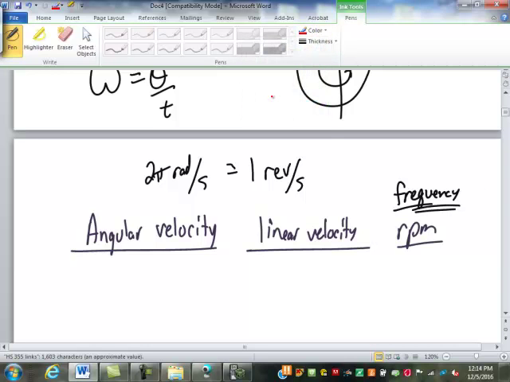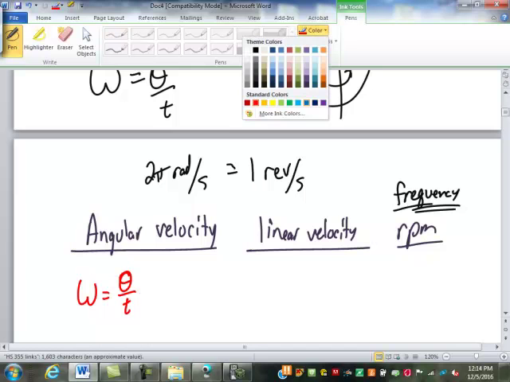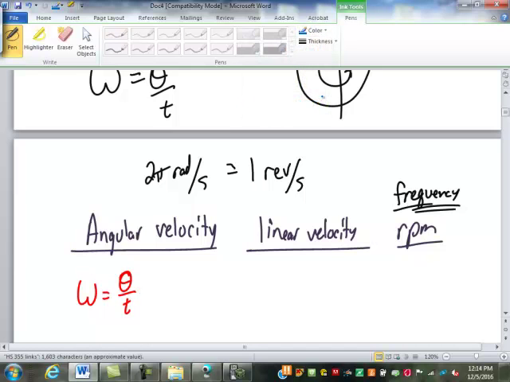The reason angular velocity is so powerful is that if you measure it in radians, angular velocity, of course, is just your theta divided by time, radians divided by time. Linear velocity, then, is just your angular velocity times your radius.